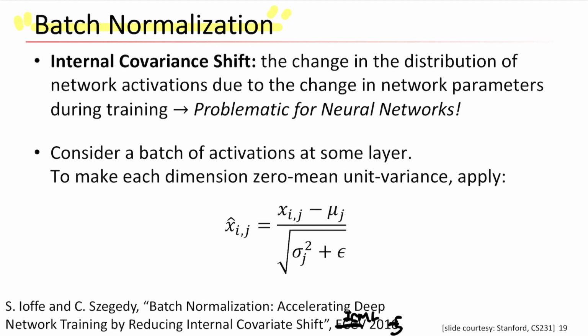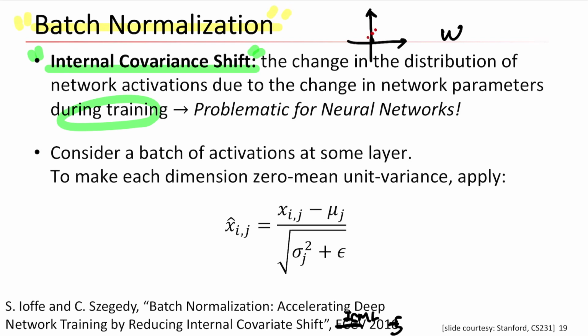So okay, let's try to understand what it means. First of all, batch normalization tries to solve the internal covariate shift problem. The internal covariate shift problem means the change in the distribution of the network activations due to the change in the network parameters during training. So it means that the network parameter W will... okay, let's draw.